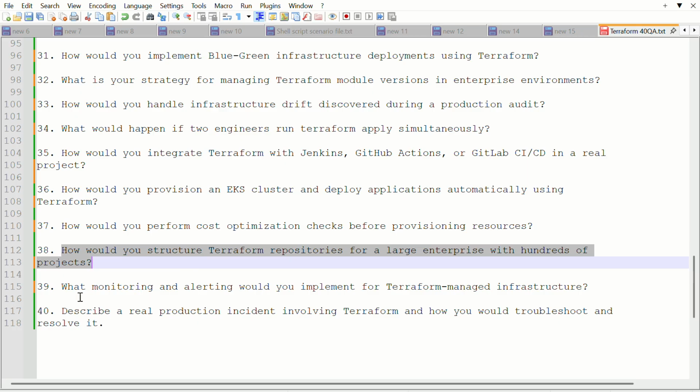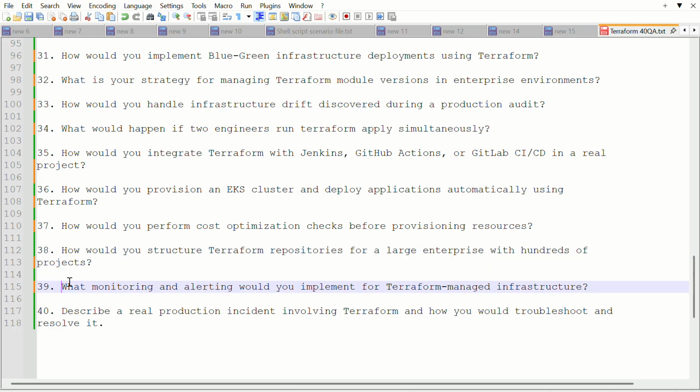Coming to the next one, what monitoring and alerting would you implement for Terraform managed infrastructure? As everyone knows, state will have all the infrastructure. With plan, it will compare actual and desired state, and it will create, delete or modify based on what we want provisioned from Terraform. But how will you monitor and alert the infrastructure which was provisioned and managed by Terraform?